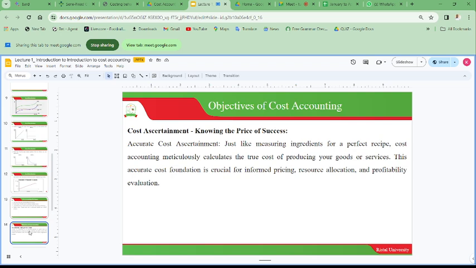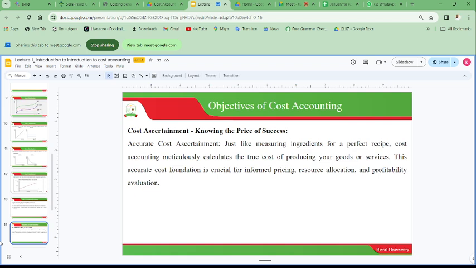So let's look at the objectives of cost accounting. First, cost ascertainment, which means knowing the price of success.